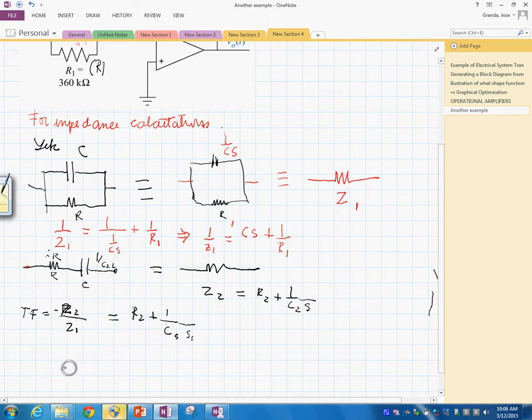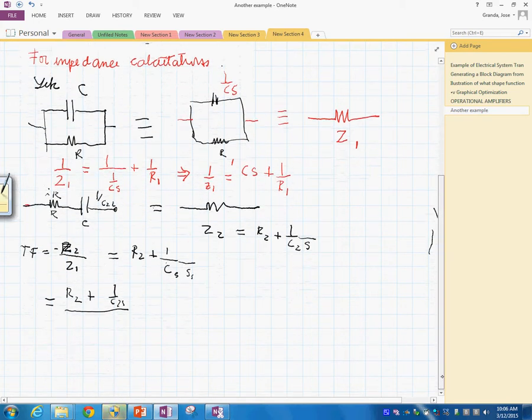So you could do this. You could get this transfer function written as, this would be R sub 2 plus 1 over C sub 2 times S, and then the term on the bottom is going to be curious because this one is going to be 1 over CS.